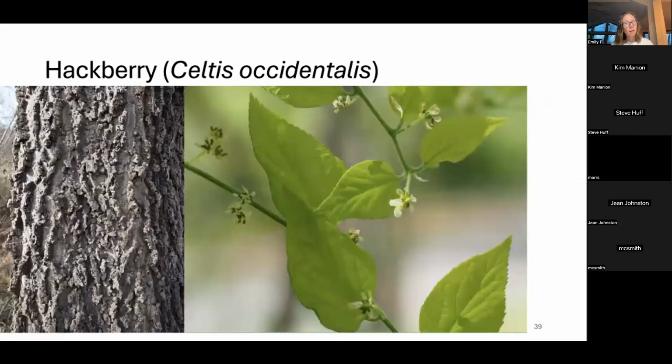This is the hackberry, and this is one that is monoecious as well. So we have male flowers over here with anthers that are receptive, and over here you can see these really cool fuzzy looking stigma that are open and receptive to pollen. And they have these cool leaves that usually have oblique angles.